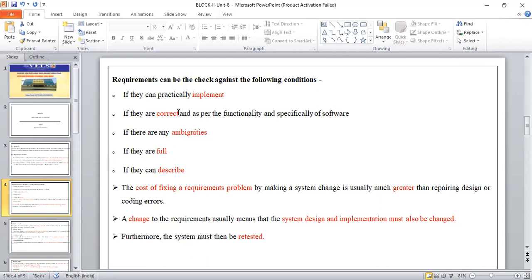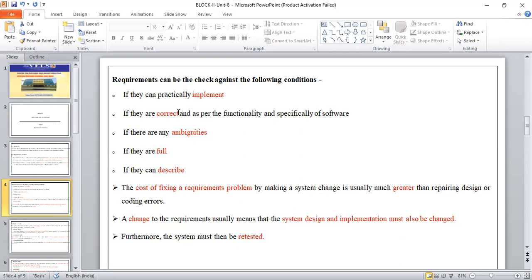If there are any ambiguities, conflicts, or doubts in the requirements, you should check them. Each and every requirement should be unique, clear, and should have one interpretation. Therefore, there should not be any ambiguities in the requirements. Also the requirement should be full and complete, not half. It should be a full requirement.